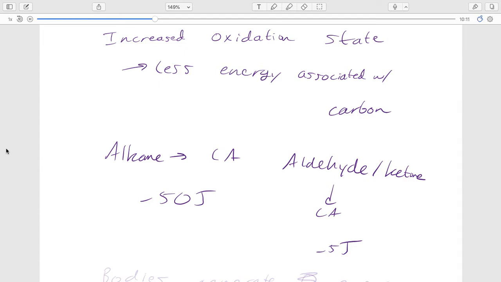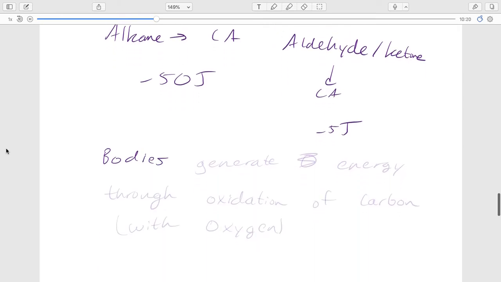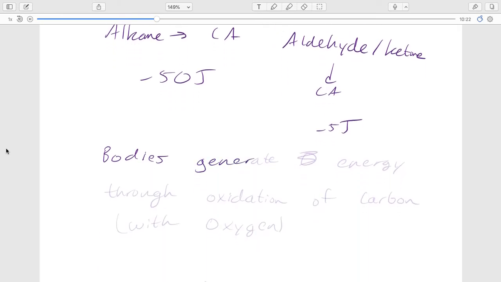The way that our bodies generate energy is through oxidation of carbon with oxygen.